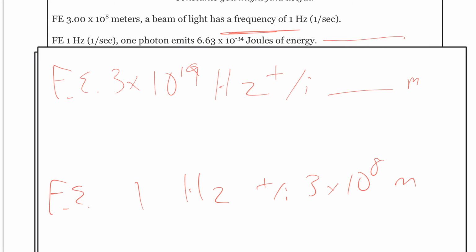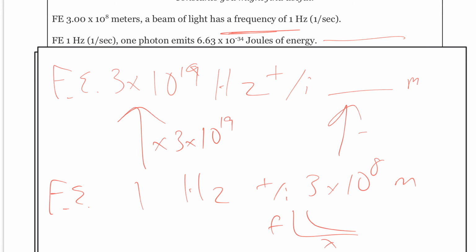Okay, so now I'm going to go up to here, and I'm going to say this is times 3 times 10 to the 19th. But I know that the relationship between wavelength and frequency is inverse. So this is going to be divided by 3 times 10 to the 19th.